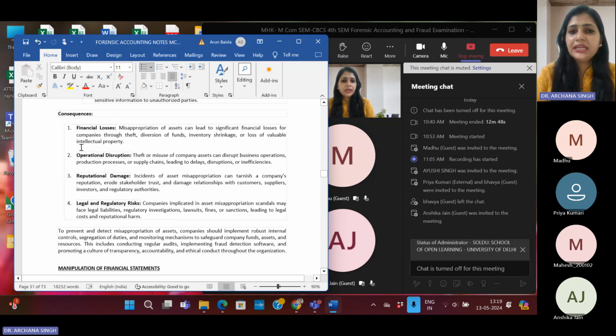So it may disrupt the business operations, the production process if needed there, and the supply chain, and it may lead to delays, disruptions and inefficiencies. Then there is reputational damage.